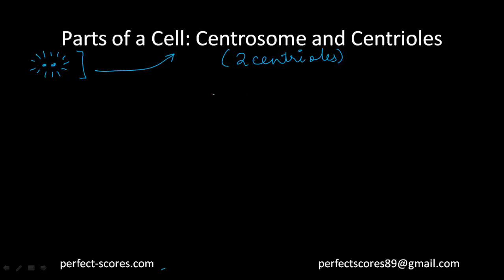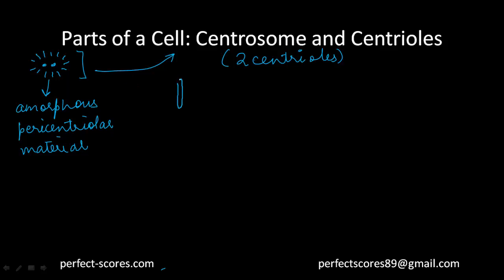So they are surrounded by this amorphous pericentriolar material. And both the centrioles are actually perpendicular to each other, which you cannot see in this two-dimensional diagram, just like a cartwheel. So if one is placed like this, the other one will be placed like this. They're actually perpendicular to each other.